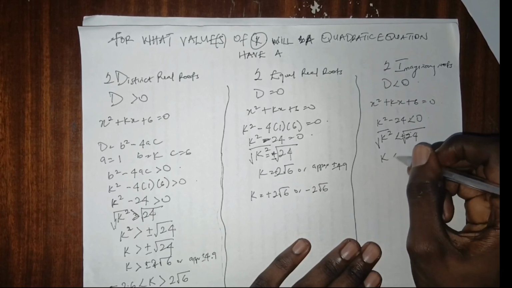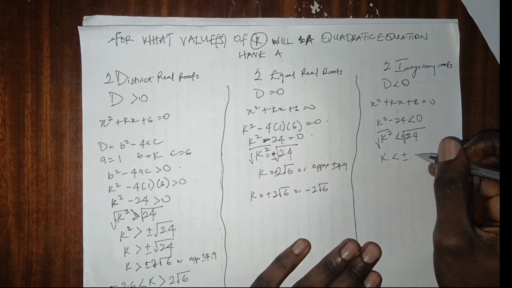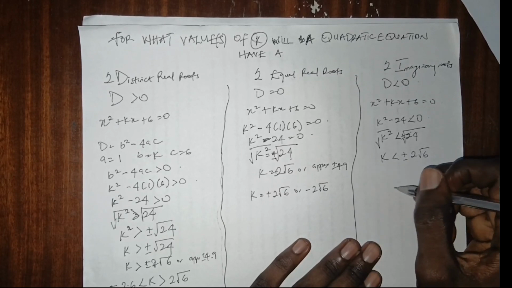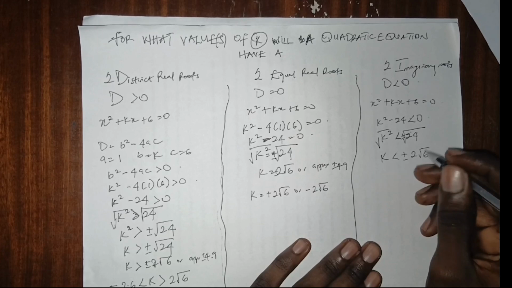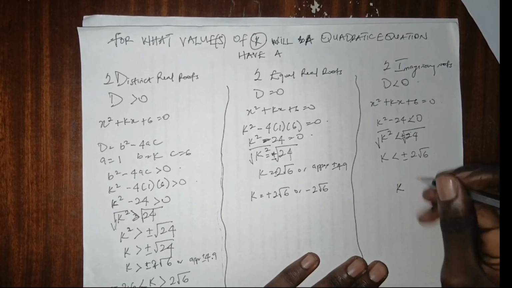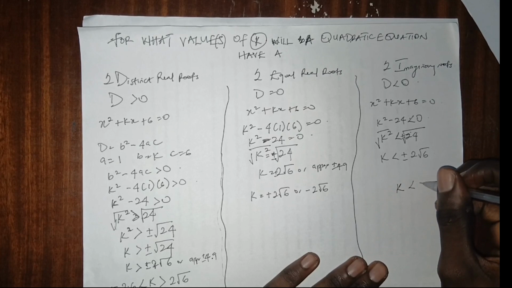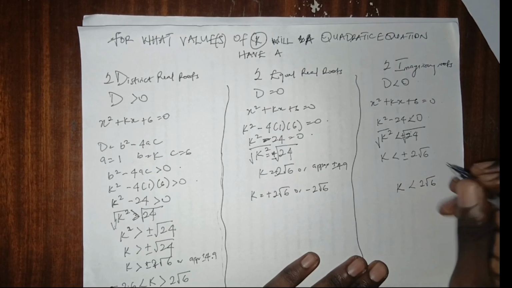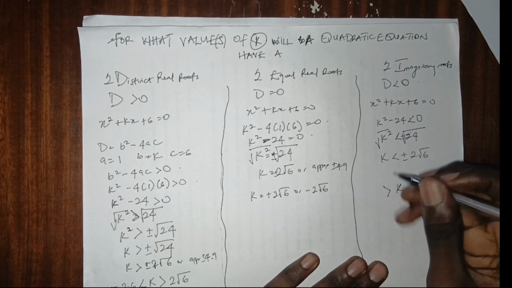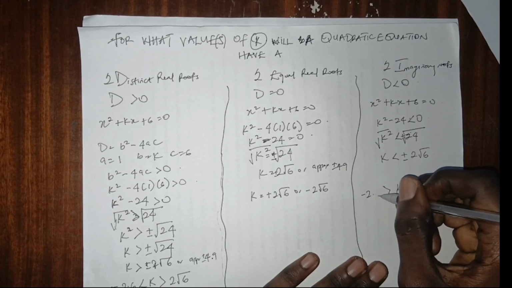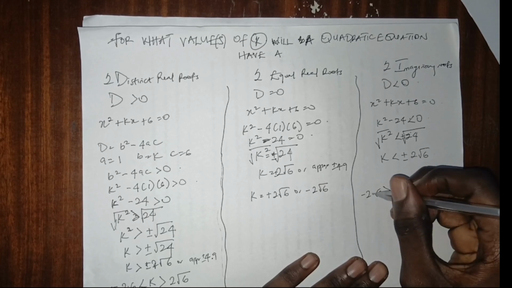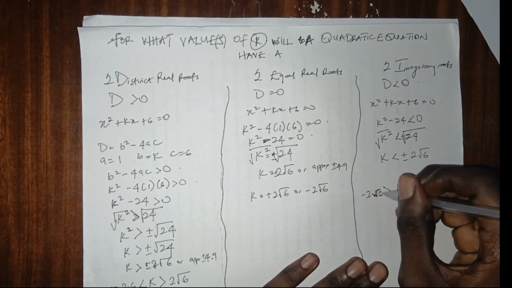You have k less than plus 2 root 6 and greater than minus 2 root 6, right? So now you have a range.